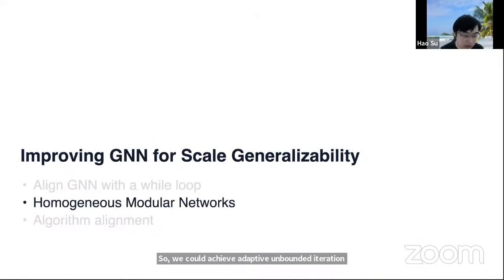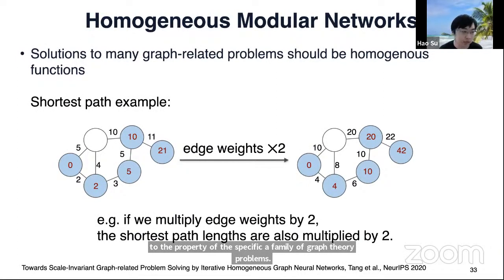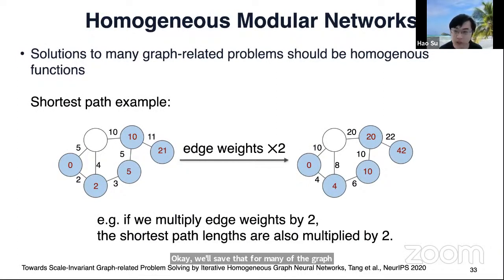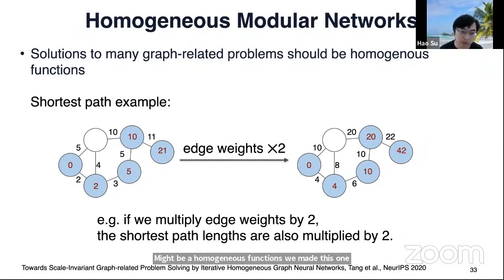Now let me introduce a second trick, which corresponds to a property of a specific family of graph theory problems. We observed that many graph theory problems can be viewed as homogeneous functions. By homogeneous functions, we mean this. Let's again take shortest path as an example.